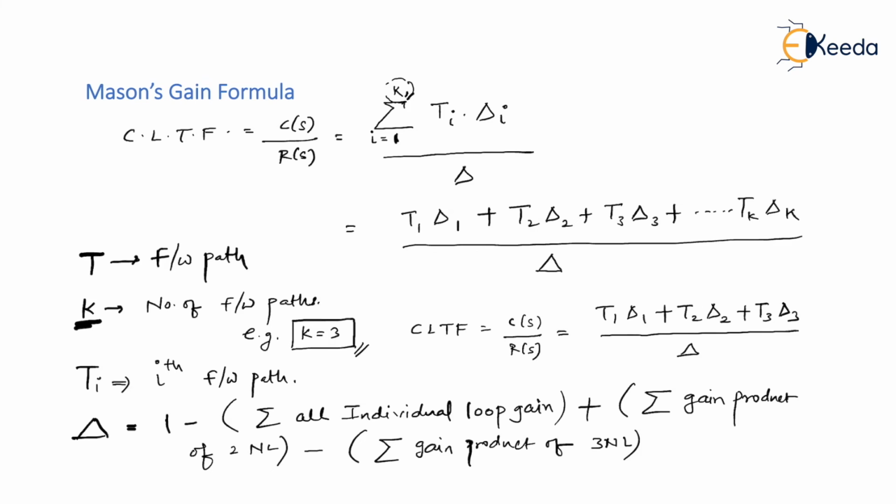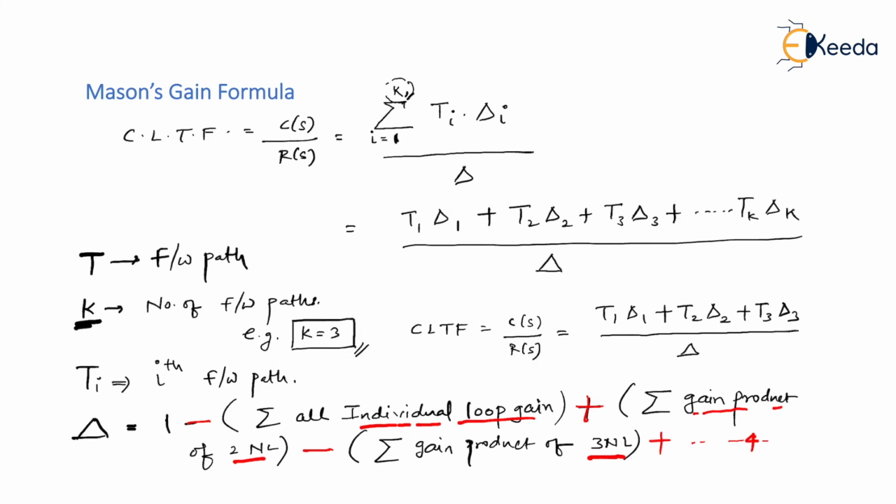And let me tell you, this is a never-ending formula. You can remember it like this. First of all, we will have negative, then positive, then negative, and then positive, and this will go on. So as you can see, in the first bracket we have the summation of all individual loop gains, then the summation of gain products of two non-touching loops, then three non-touching loops, and so on.